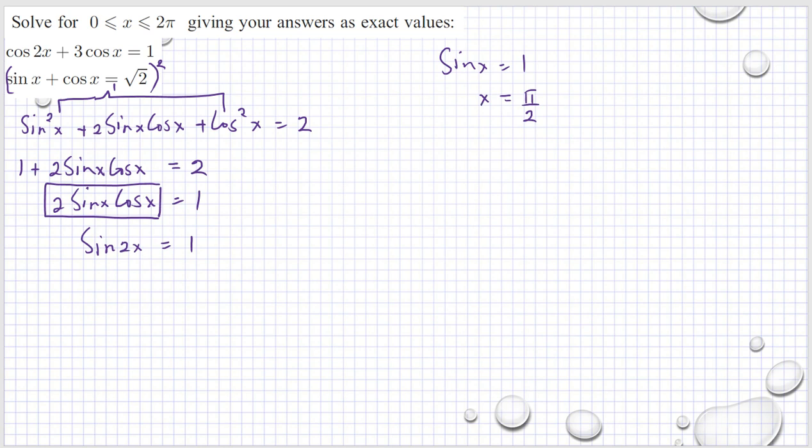So we have now 2x is equal to pi over 2. So we have our x now is equal to pi over 4. That's positive. Yeah, that's the only solution, pi over 4.